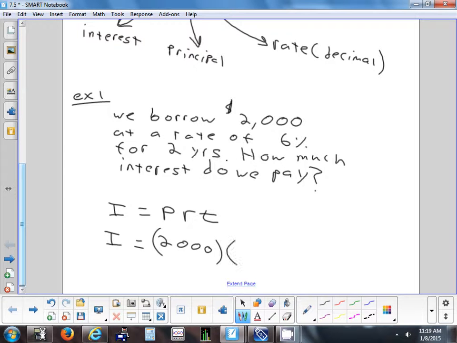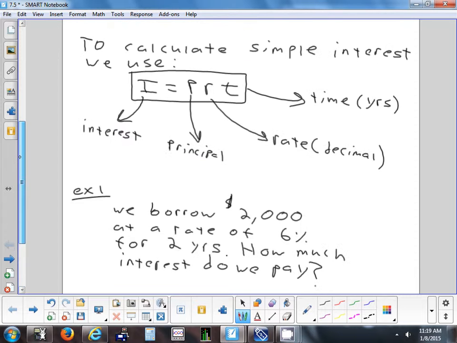What's our rate? What's the rate of interest I have to pay here? 6%. And how would I write that as a decimal? 0.06. Now we're taking this loan for 2 years. That's my time. T is always our time in years.